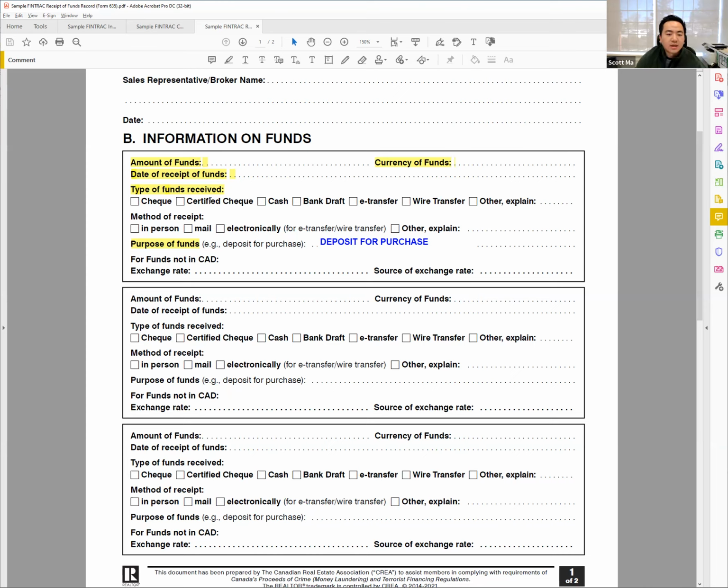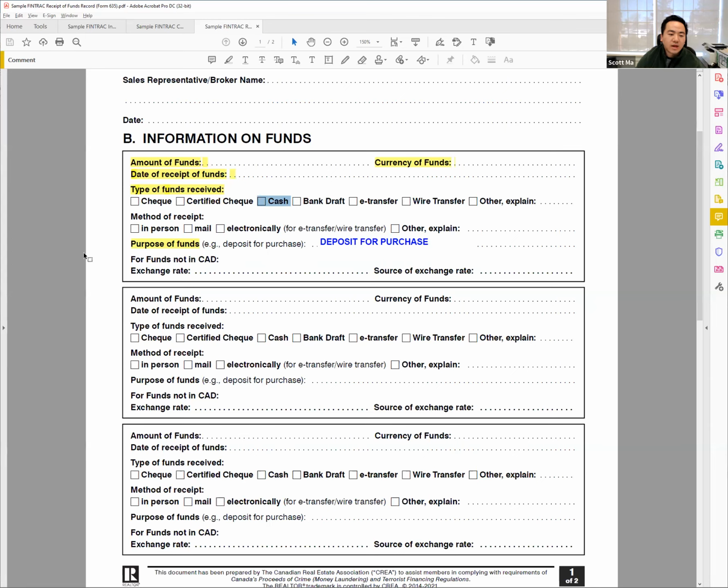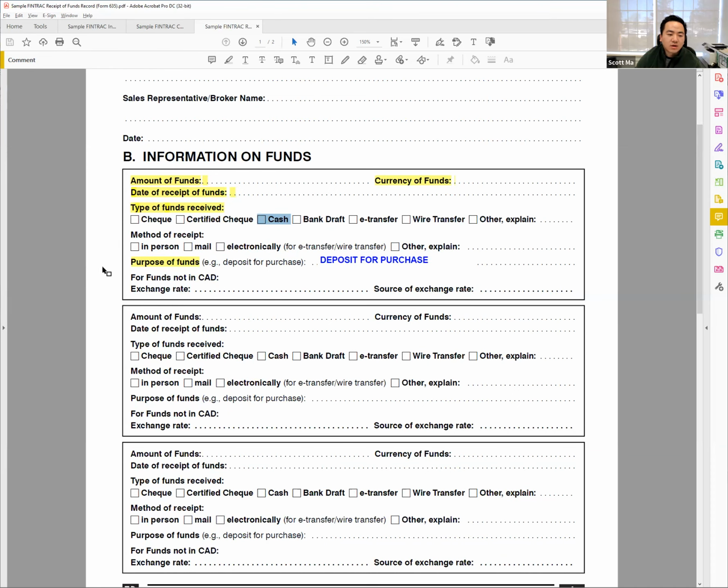And, importantly here, there is an option for cash, but I would strongly recommend you always receive non-cash funds, because if you're dealing with cash funds greater than $10,000, that's considered a large cash transaction for purposes of FINTRAC. And there are additional record keeping obligations that you have to meet if you are receiving large cash funds. So I'm not going to cover those today, but just something to know.